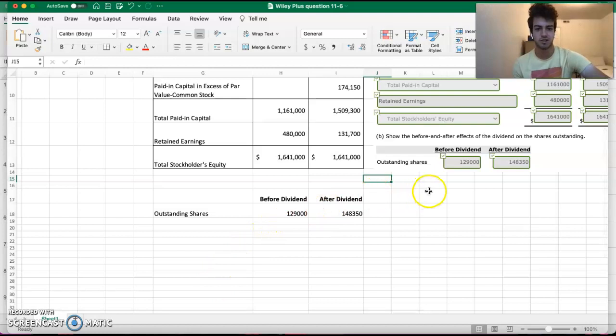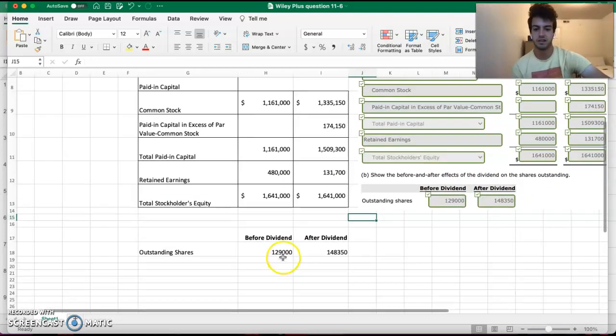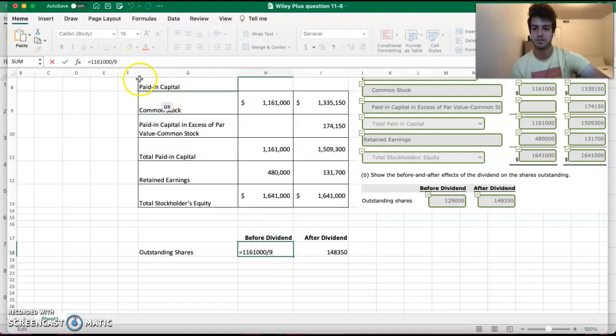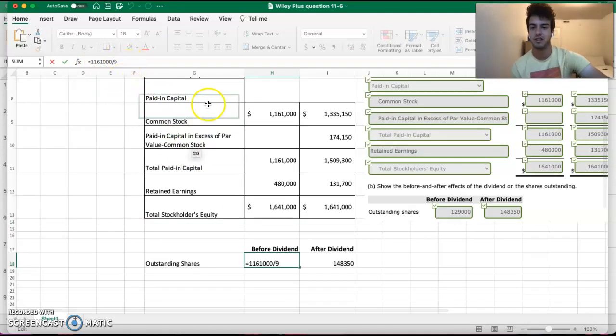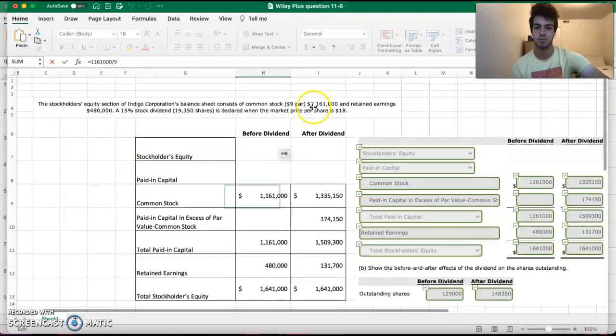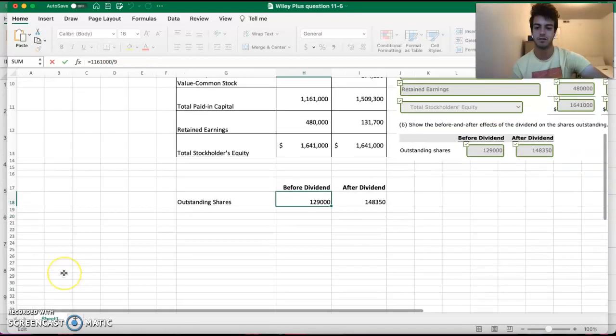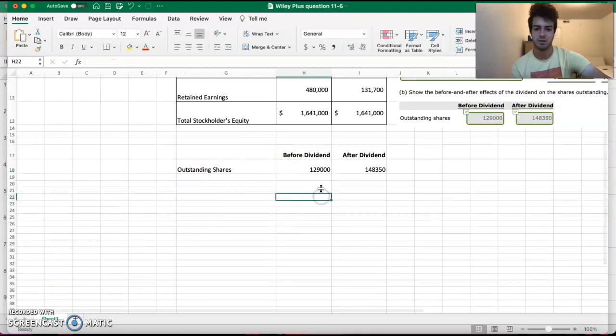As for the second part of the question, we need to show the before and after effects of the dividend on the shares outstanding. Before dividend, it's pretty simple. All we need to do is take that common stock number, which was 1,161,000, and divide it by 9, which was the par value. That will get you 129,000.